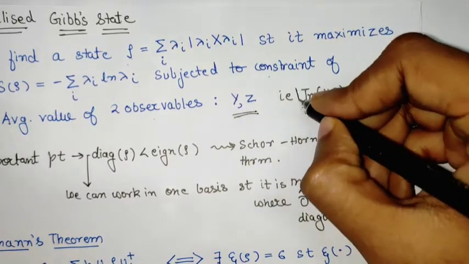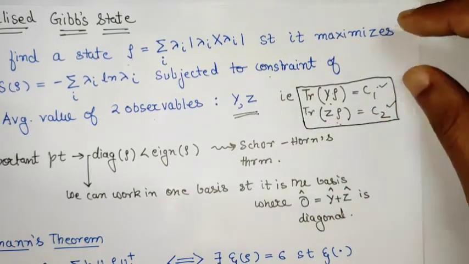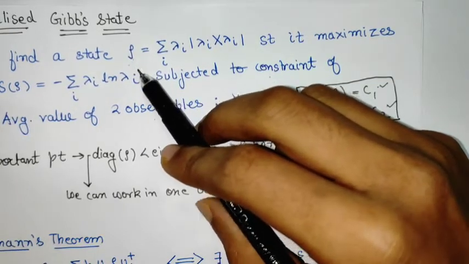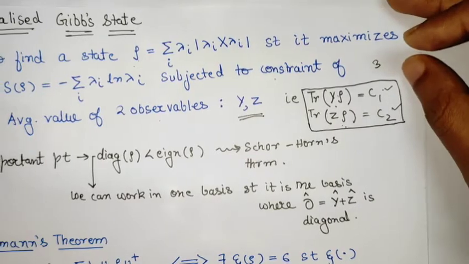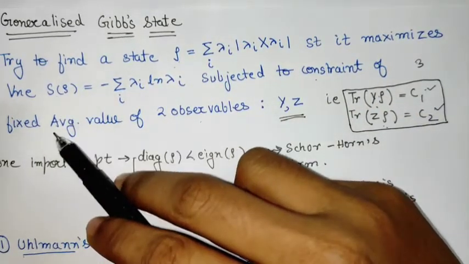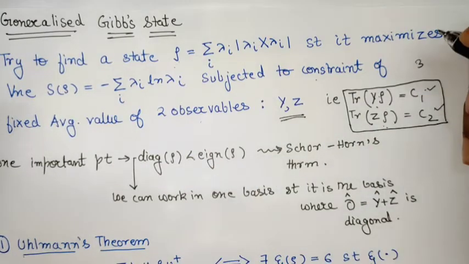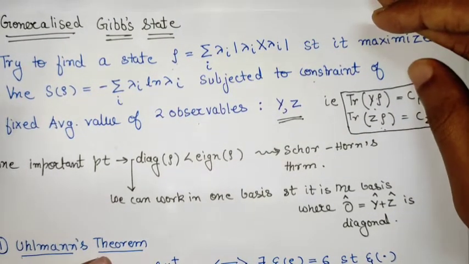So here we get two constraints, and already the sum of probabilities is 1, or the trace of this rho state, as it is a density matrix, must be 1. So we have three constraints altogether, and abiding by these constraints, we have to maximize the von Neumann entropy, and the state that performs that maximization is the Gibbs state. That is a very precise definition of the Gibbs state.